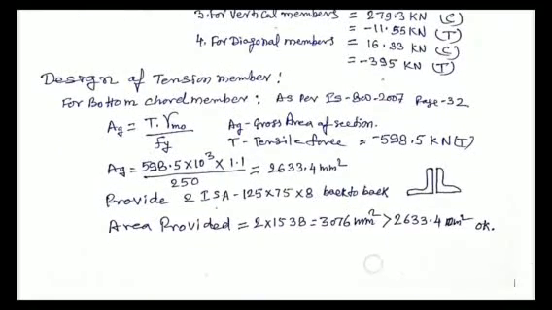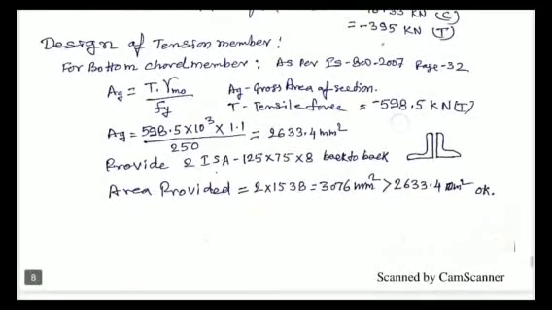So design of tension member first of all. For bottom chord members, as per IS code, we have to design these members, and the recommendation of IS 800 2007 from page number 32.